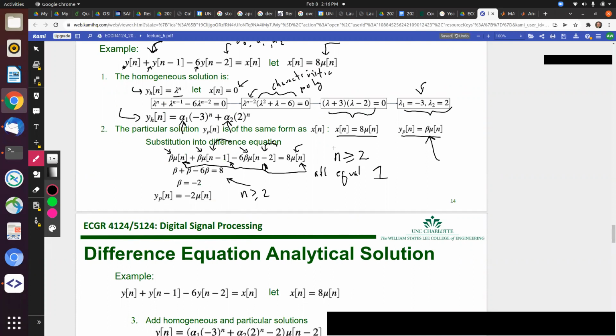Practice these methods for solving your own difference equations in the homework, and ask questions if you have them, and come to office hours if you need assistance. I made a video of solving difference equations last semester. I think I have it available. I'll make that available to you so you can see me do it for some example.